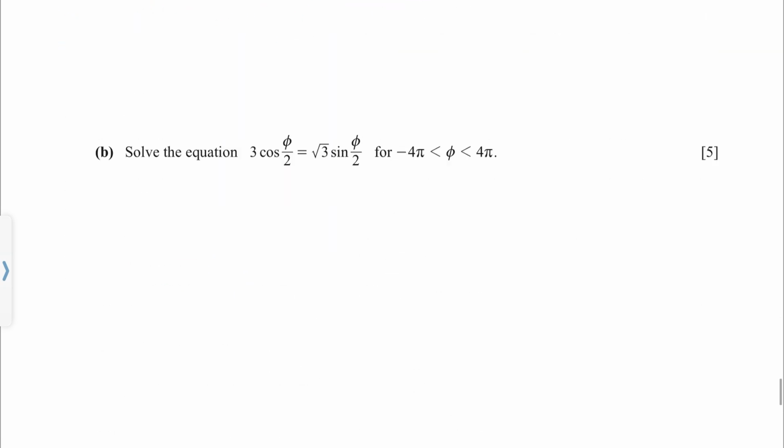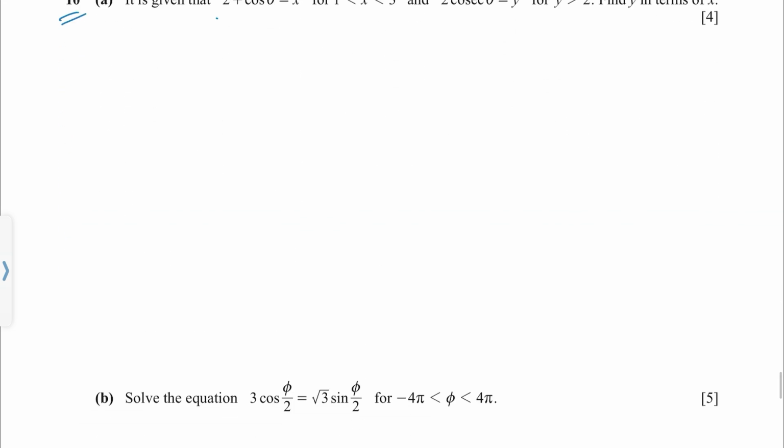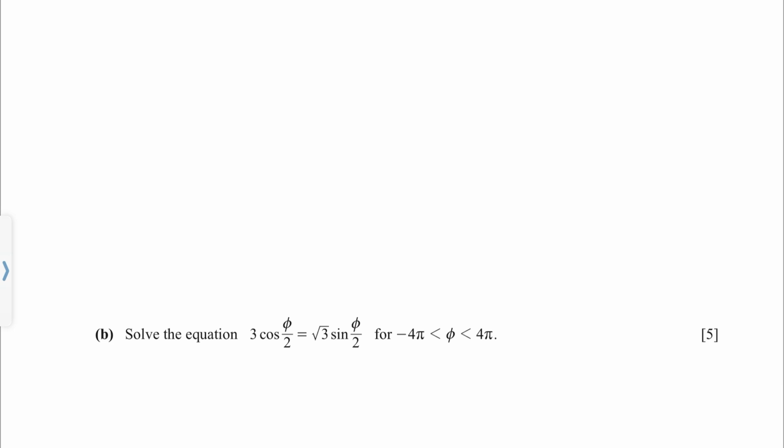Now coming on to the next question, I guess this would be our final question. Yes, this is our final question. This is given as 2 plus cos theta is equal to x, for x between 1 and 3, and 2 cosec theta is equal to y, for y greater than 2. Find y in terms of x. So let's simplify a little bit. This would be cos theta is equal to x minus 2.